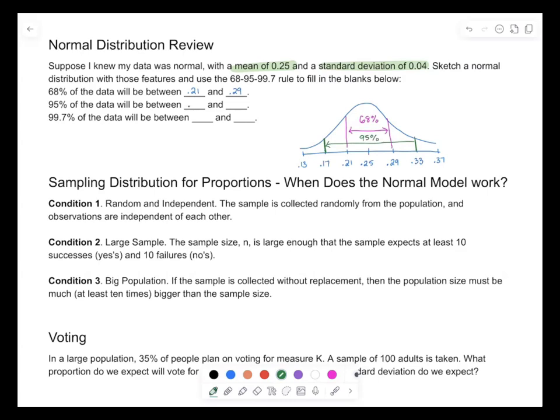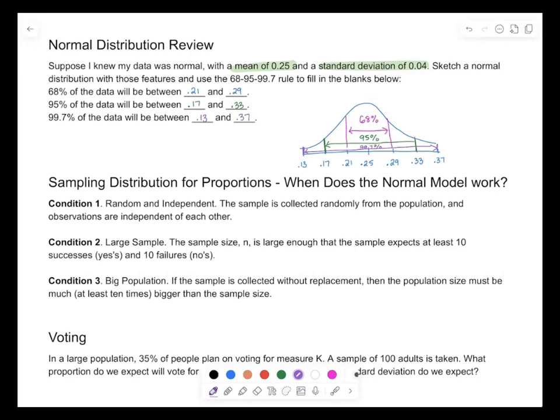So that's going to be between 0.17 and 0.33. And if I go all the way out to minus 3 standard deviations, all the way to plus 3 standard deviations, that's almost everything. That's 99.7% of the data. So 99.7% of the data will be between 0.13 and 0.37.